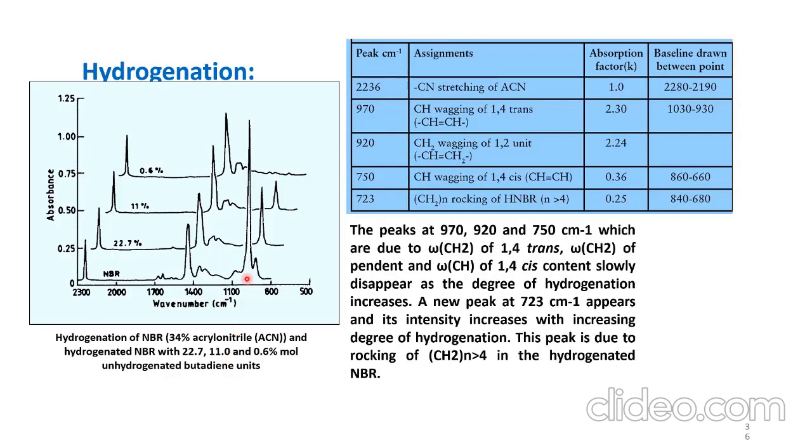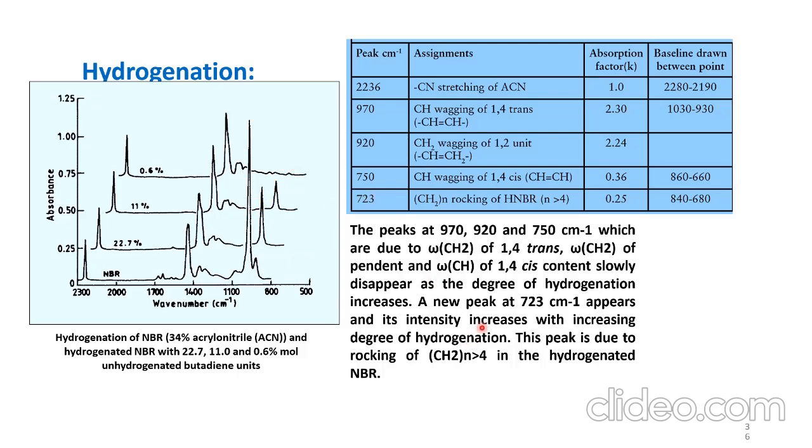Then hydrogenation. So what is hydrogenation? If we are keeping the sample in acids, or we are trying to increase the degree of hydrogenation, in those cases we can observe certain peaks getting diminished. This 970 peak is getting diminished upon hydrogenation, and a new peak is coming.